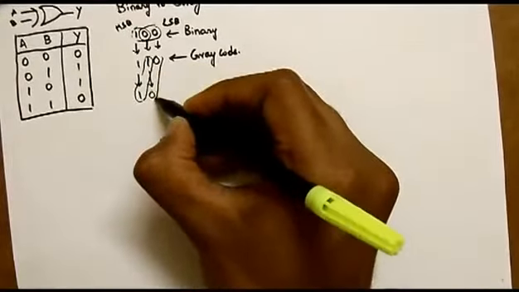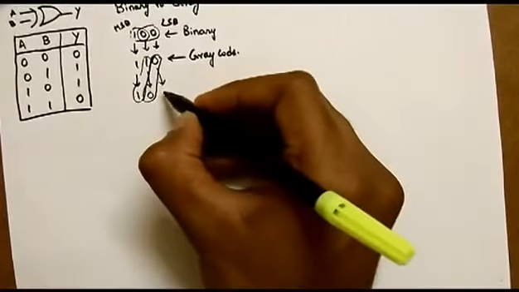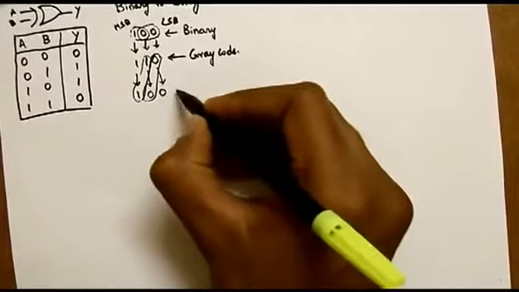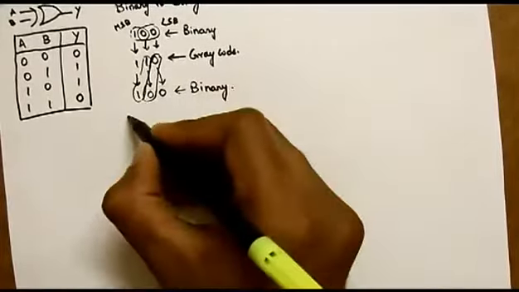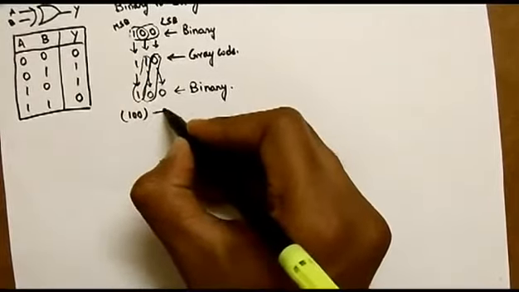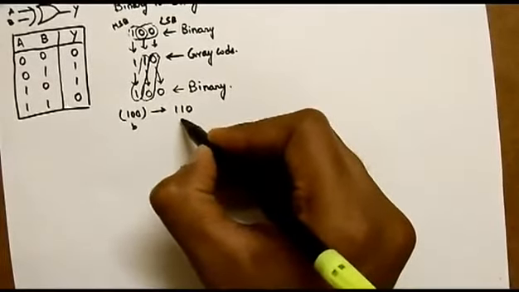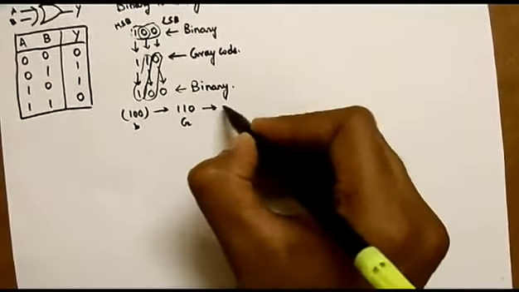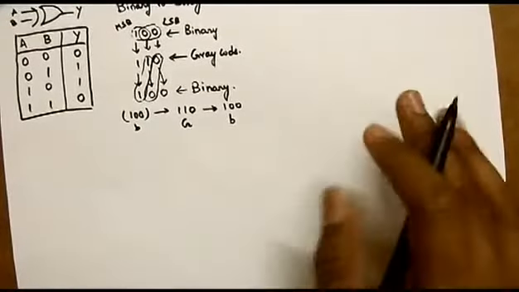Again diagonally, 0 and 0 XOR, it is 0. So we get the equivalent binary. So 1 0 0 in binary is equal to 1 1 0 in gray, that is equal to again 1 0 0 in binary. We did this conversion.